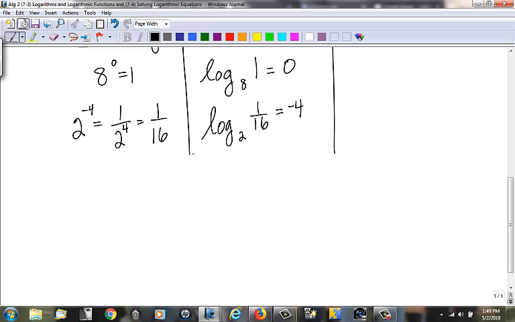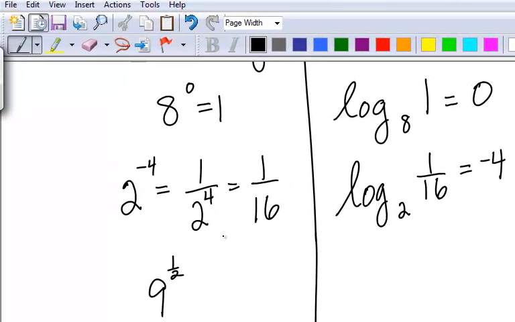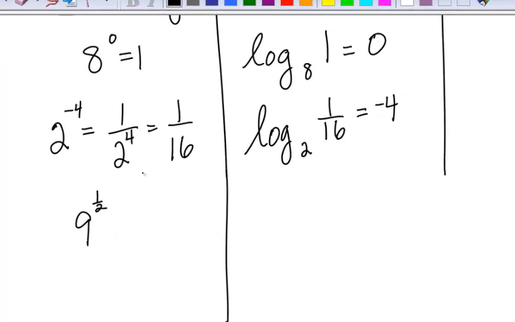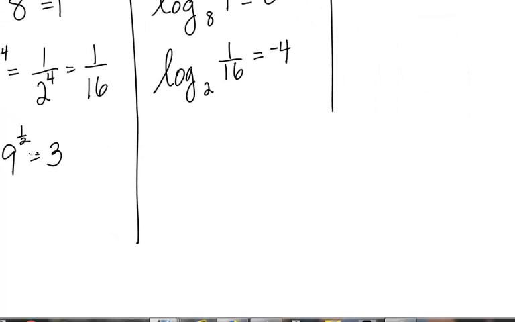If I have 9 to the 1/2 power, anything to the 1/2 power is the same as square root. So the square root of 9 is 3. So 9 to the 1/2 power is 3. So you'd have the log of 3, the base is 9, equals 1/2.